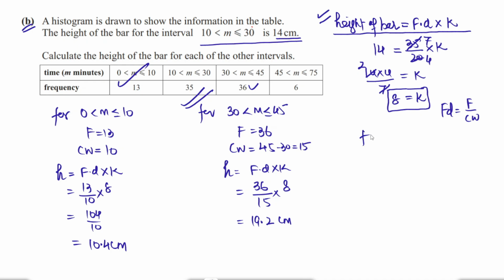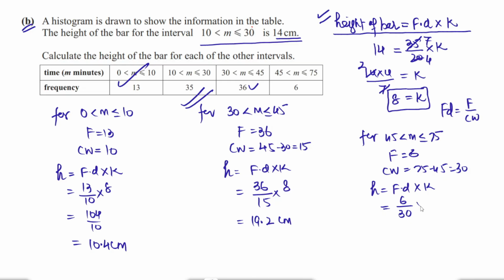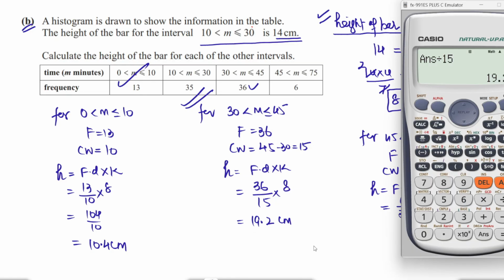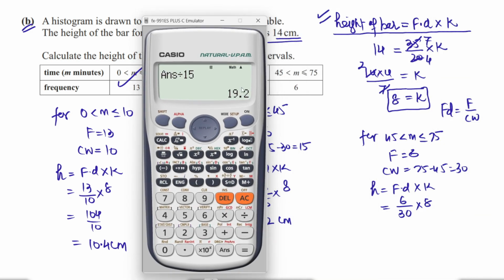Now the last one, for 45 to 75. Here the frequency is 6 and the class width is 75 minus 45, that is 30. So the height is frequency density into k, that is frequency upon class width into k, and what we find here is 6 into 8 over 30.